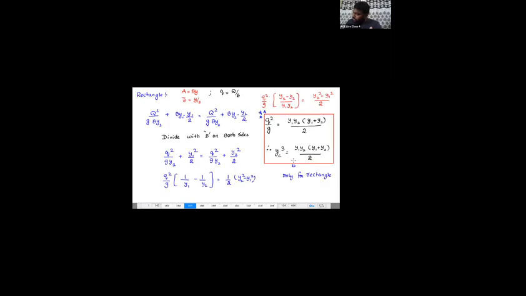So I'll go with one more relation here. The next one is the relation between conjugate depths and Froude number. From this relation only, observe: q square by g is equal to y1 y2 into (y1 plus y2) by 2.